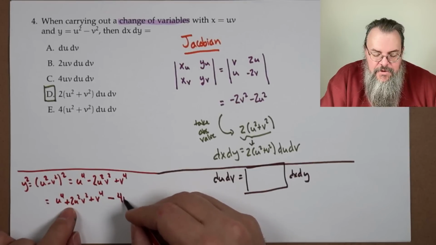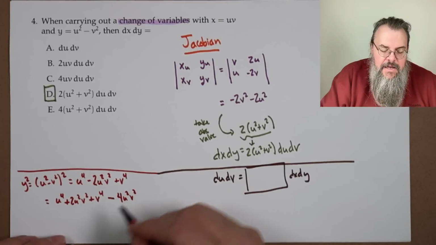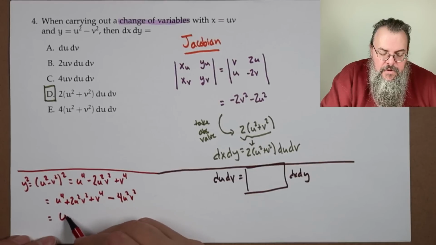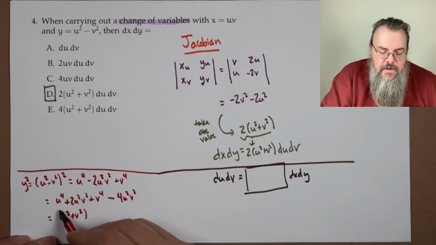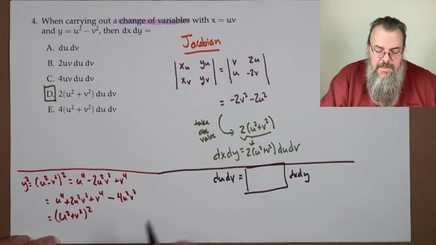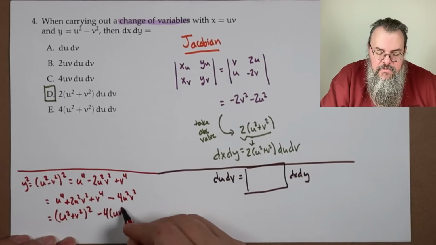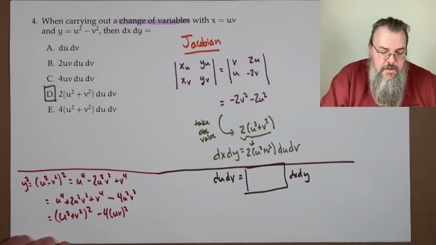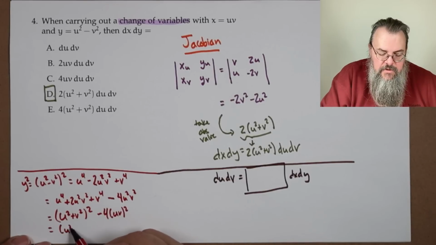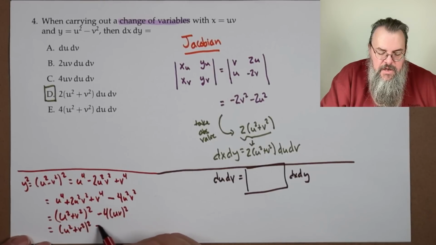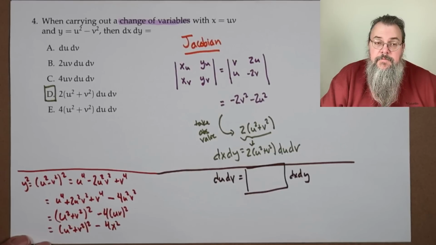Plus 2 minus 4u squared v squared. And what do you have? You have u squared plus v squared, squared. And here you have minus 4u squared v squared, or if you look at that, that's u squared plus v squared, squared, minus 4x squared.